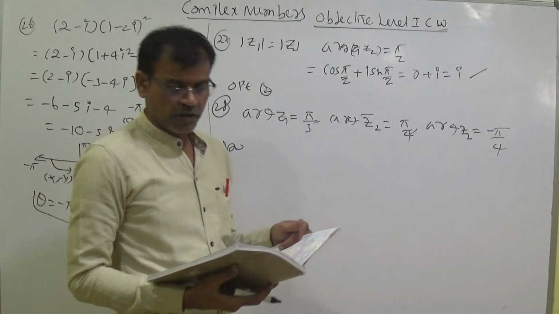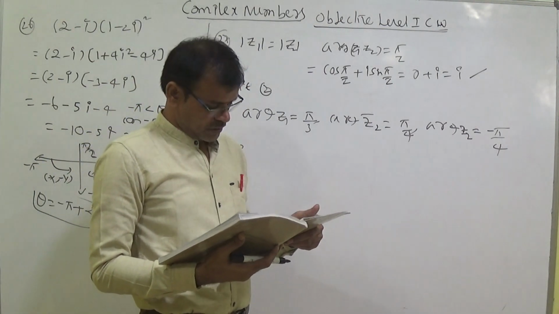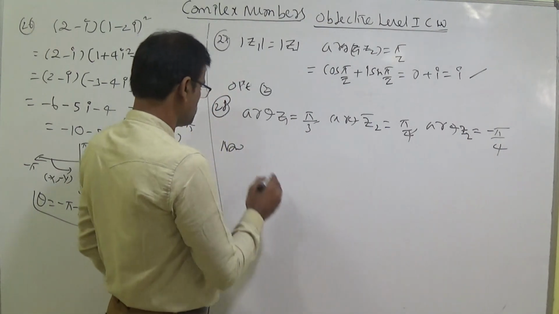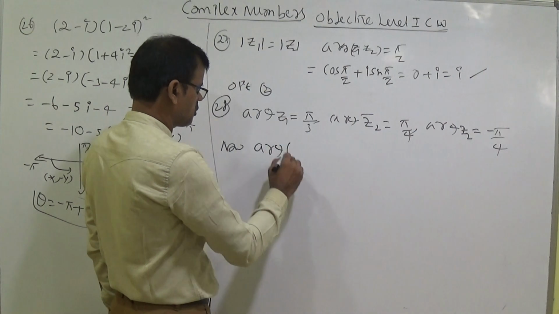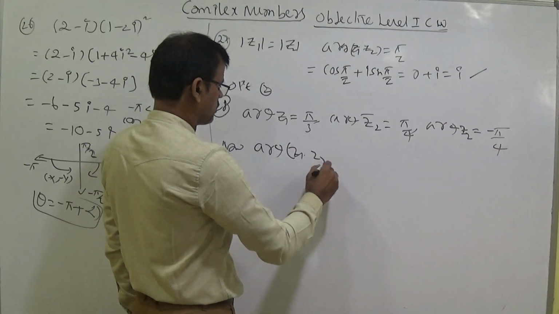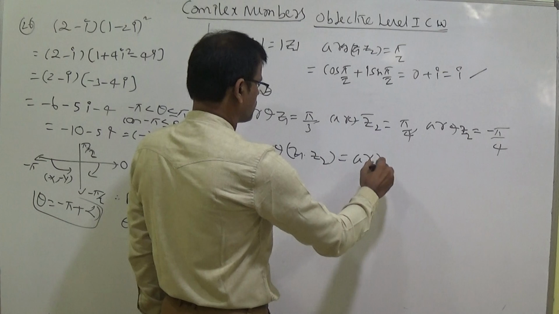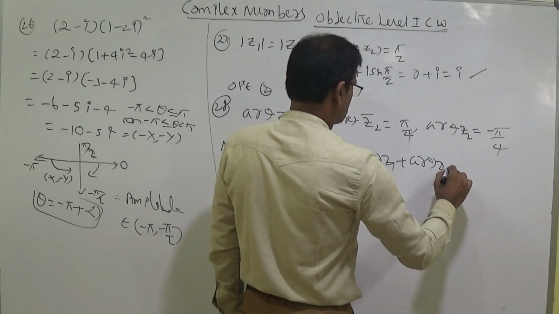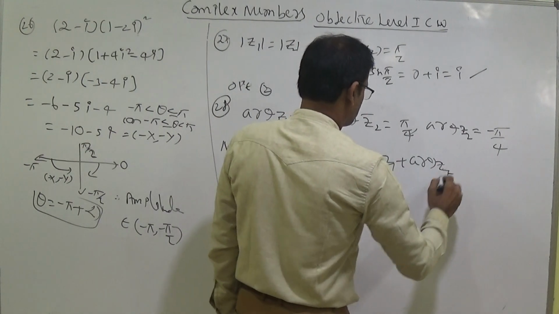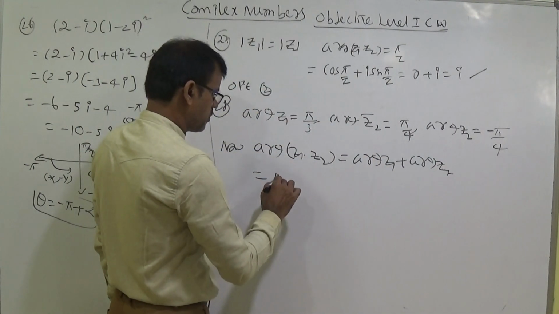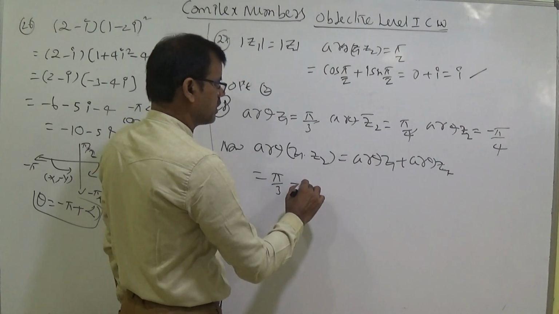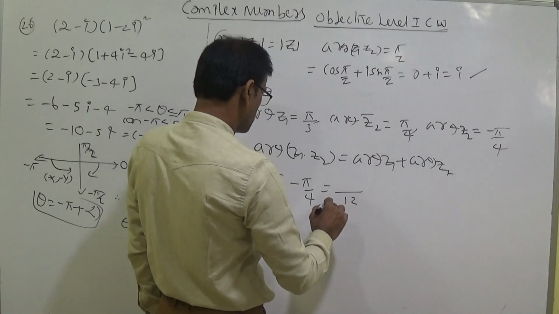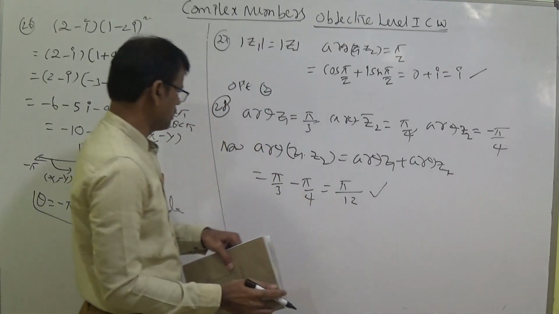Argument of Z1 Z2 is argument Z1 plus argument Z2, which is pi by 3 minus pi by 4. Taking LCM, this is pi by 12.